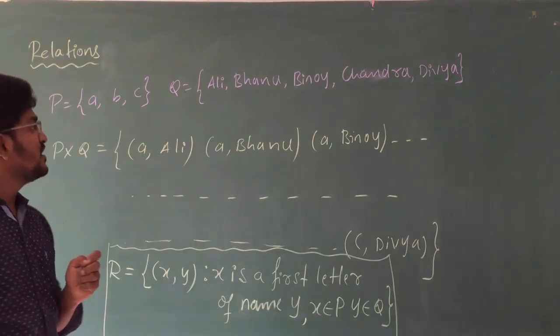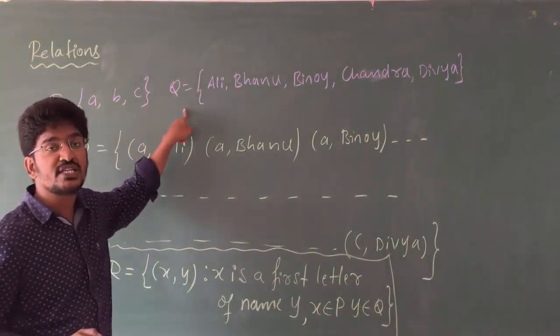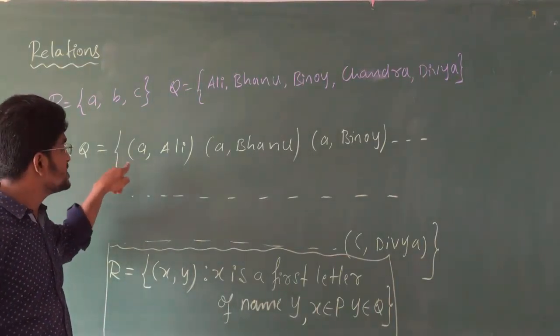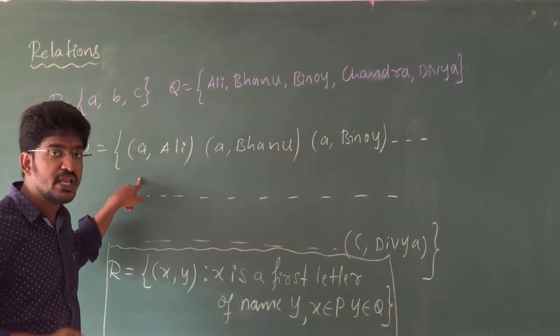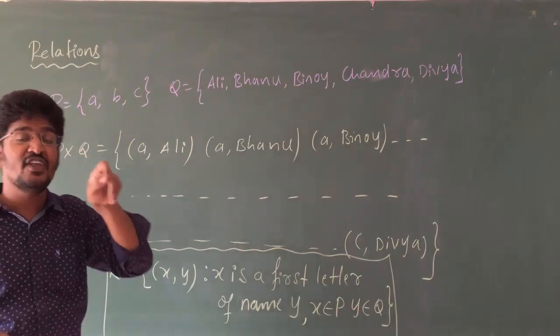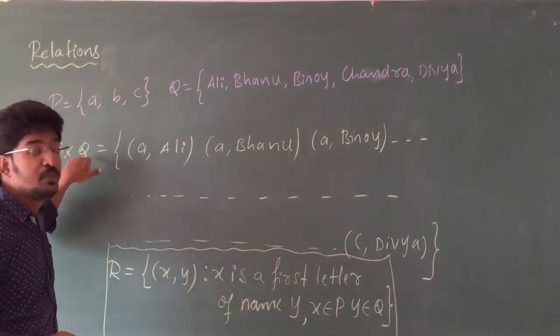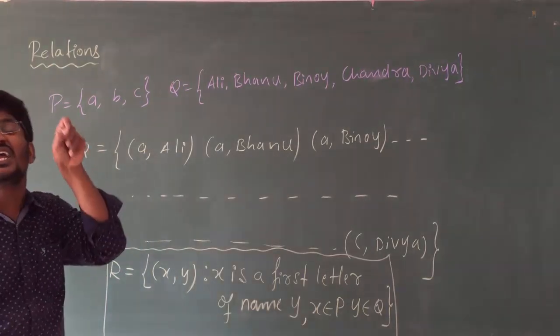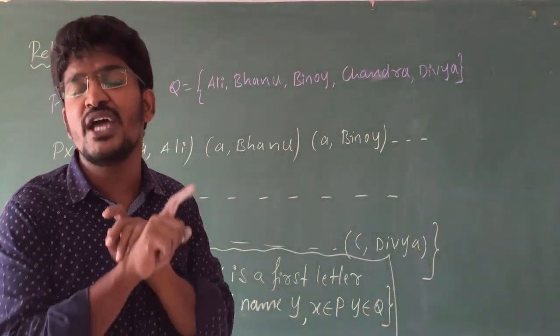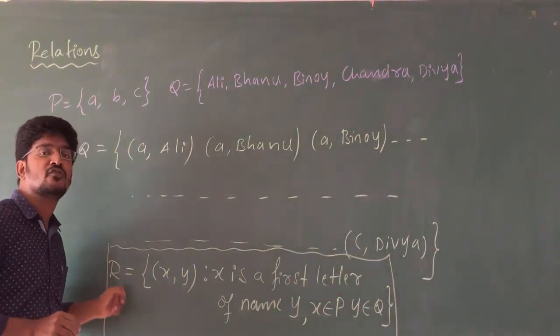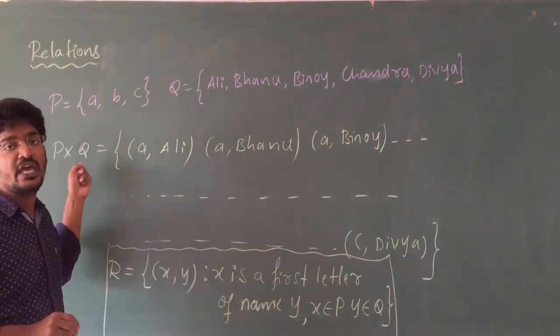So from that Cartesian product I use these two sets to define P cross Q. Now I will define a relation which is a subset of P cross Q. What is the meaning of that? Each and every element of this R should be in P cross Q. Then only it is going to be a relation. Otherwise it is not a relation.